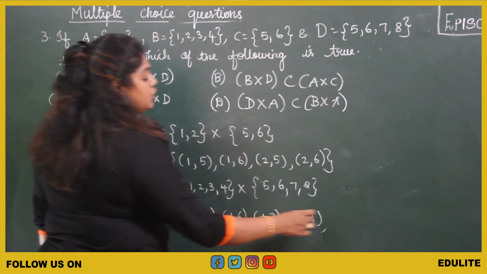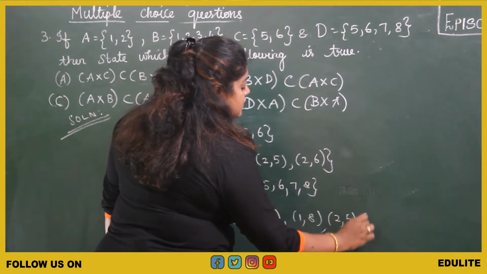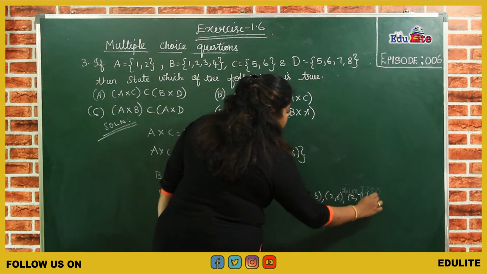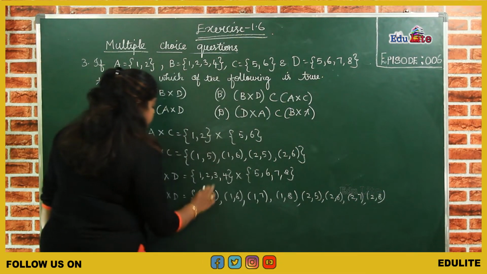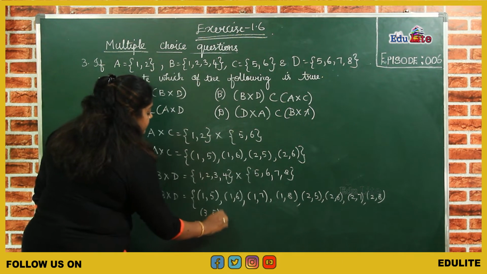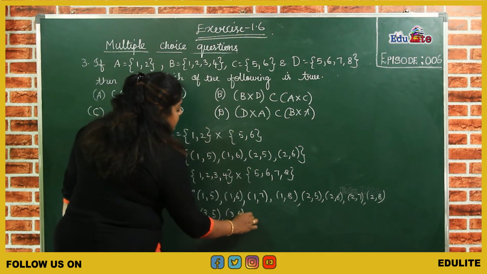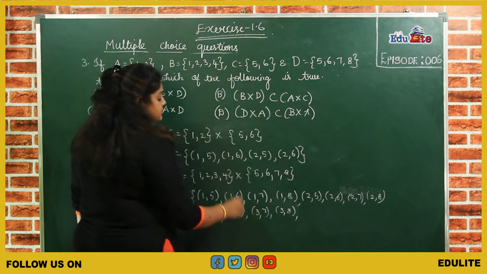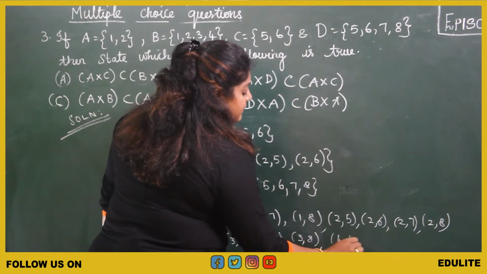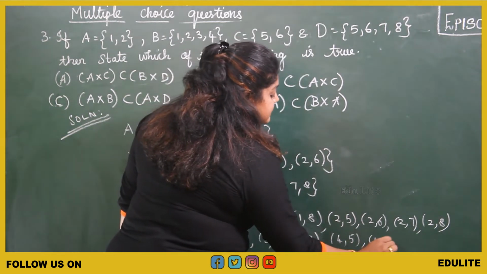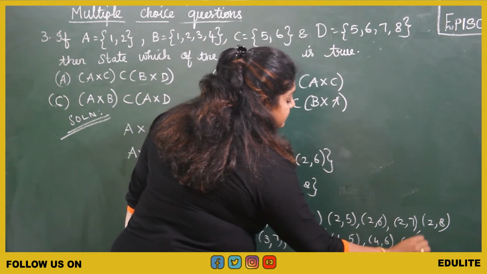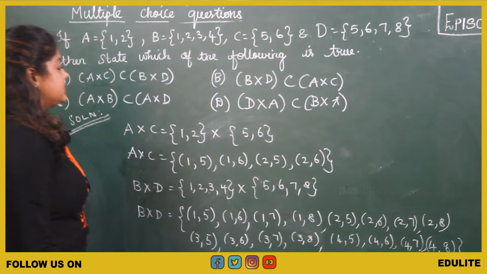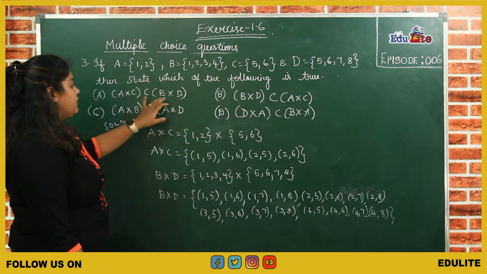Next is 2, 5, 2, 6, 2, 7, 2, 8. Next is 3, 5, 3, 6, 3, 7, 3, 8. Next is 4, 5, 4, 6, 4, 7, 4, 8. Now what we have to check is whether A cross C is a subset of B cross D.